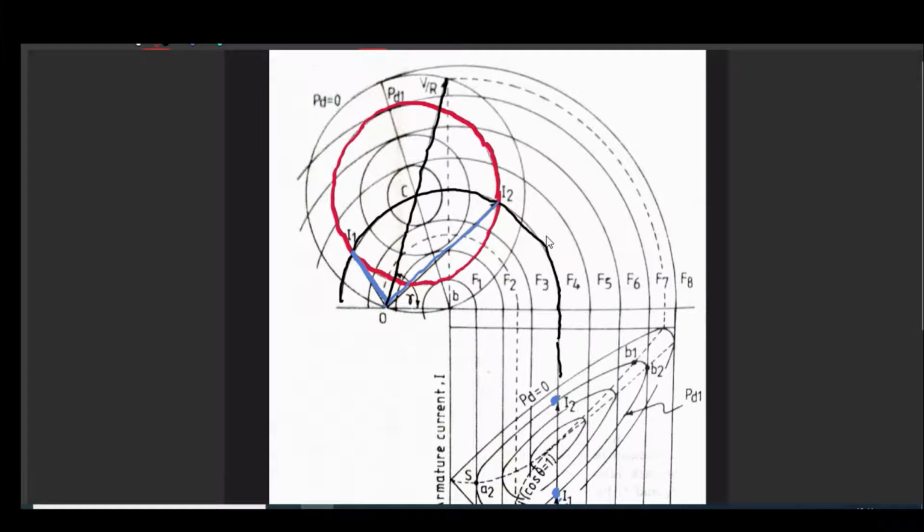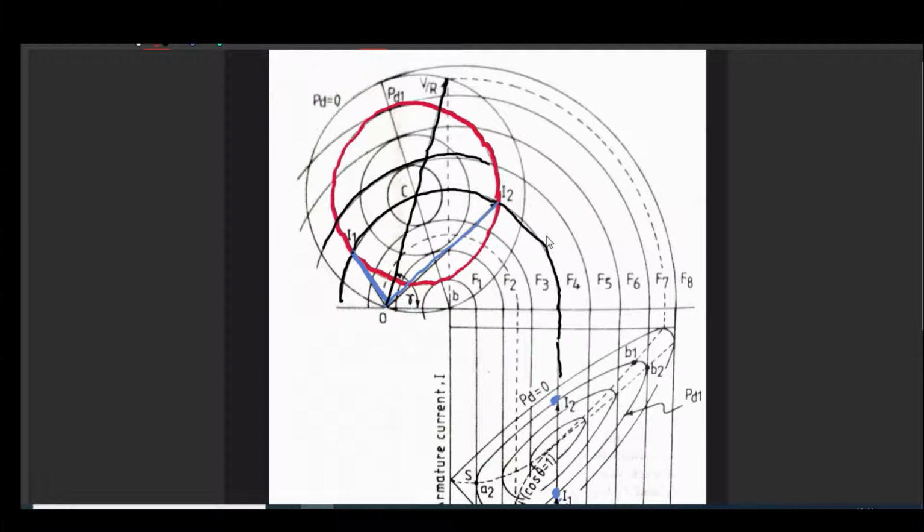Now we are talking about this circle PD1. This is not the only value of excitation that is intersecting with this. Rather we can have other values of I1, I2.